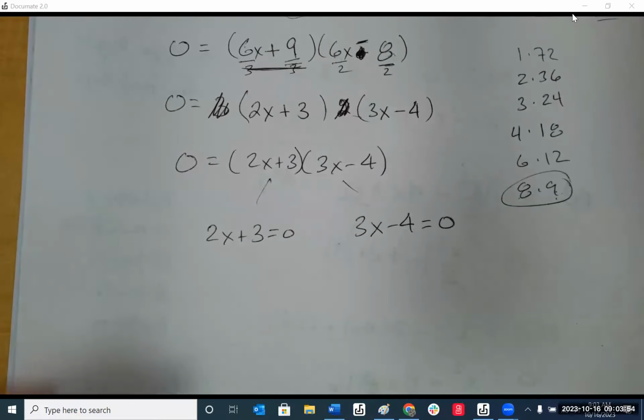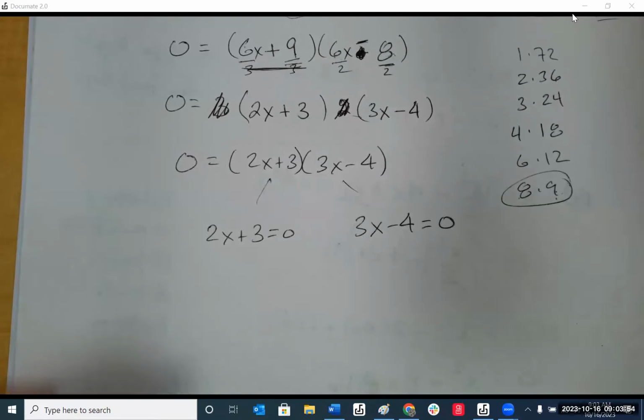What if the equation is non-factorable? I don't know if that's a word, but I'm using it. What if you can't factor it?